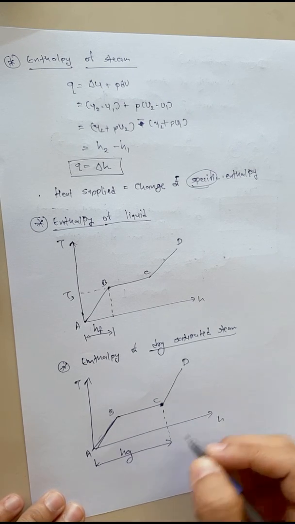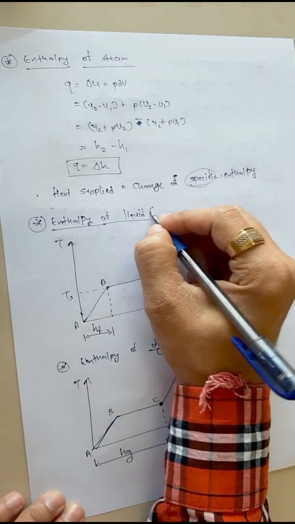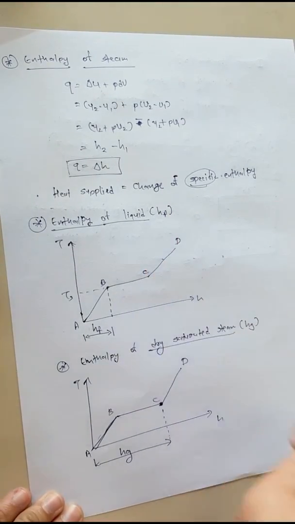It is denoted by hg. Enthalpy of liquid is denoted by hf.